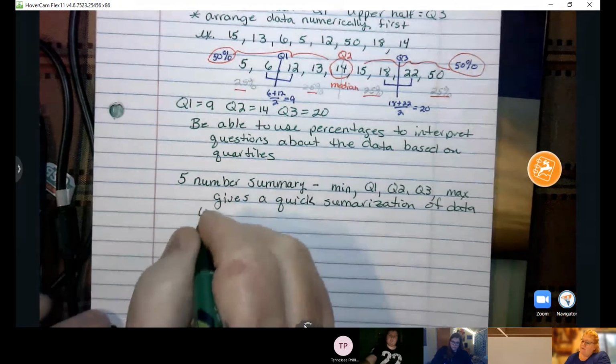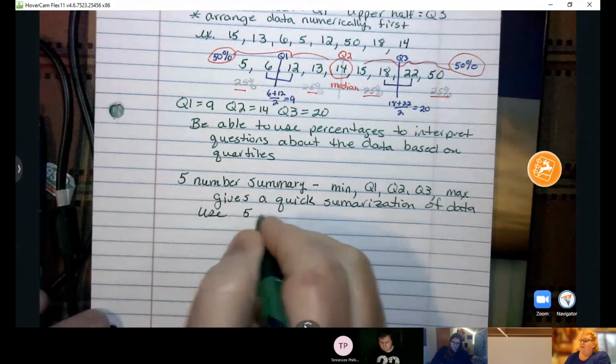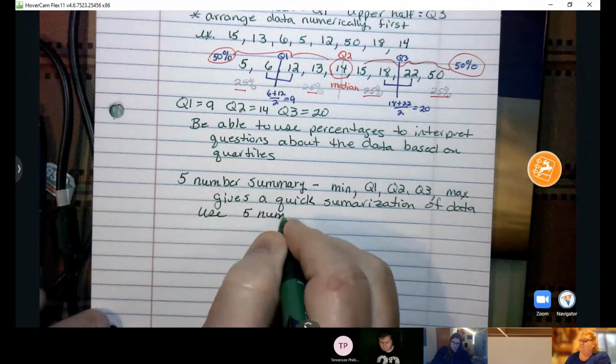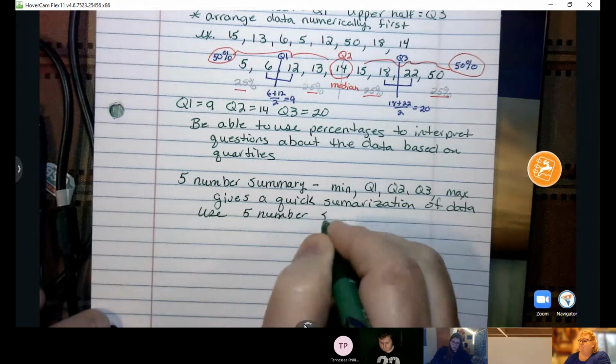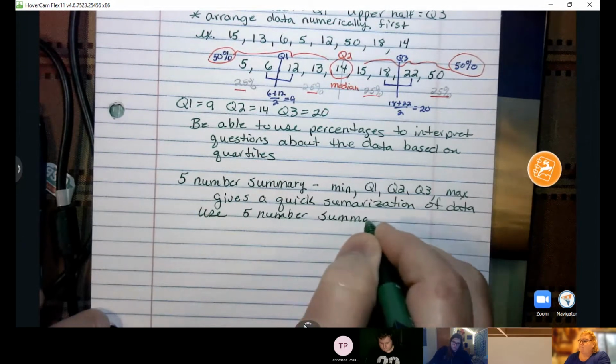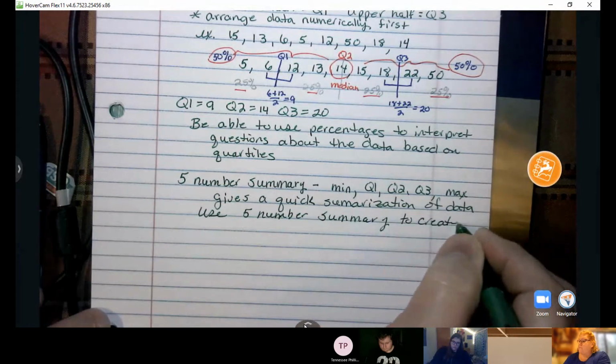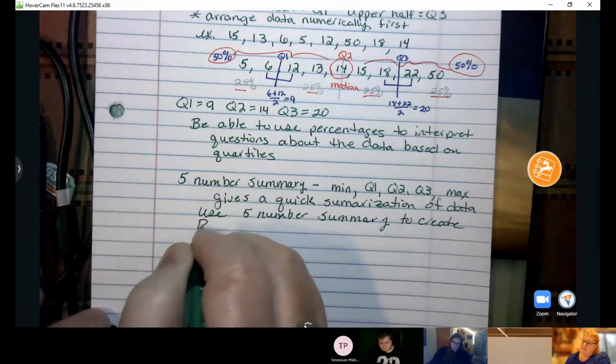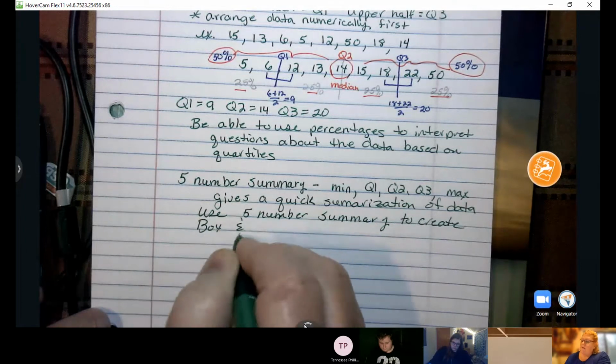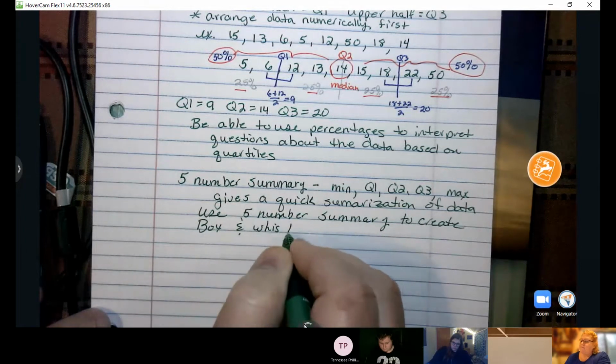And then we use the 5-number summary to create box and whisker plots.